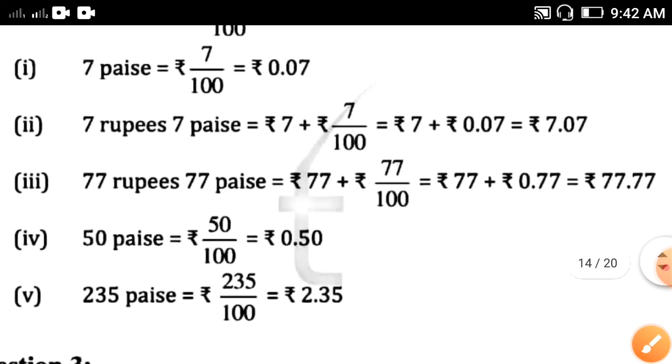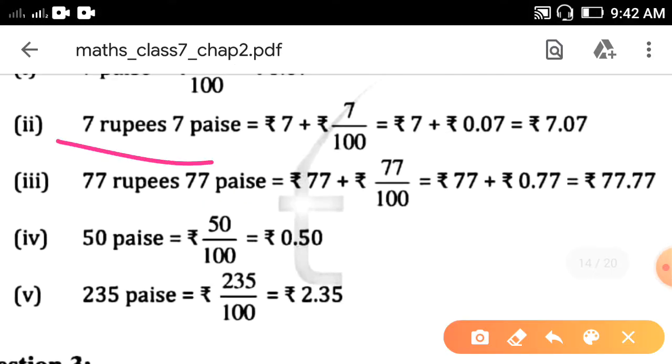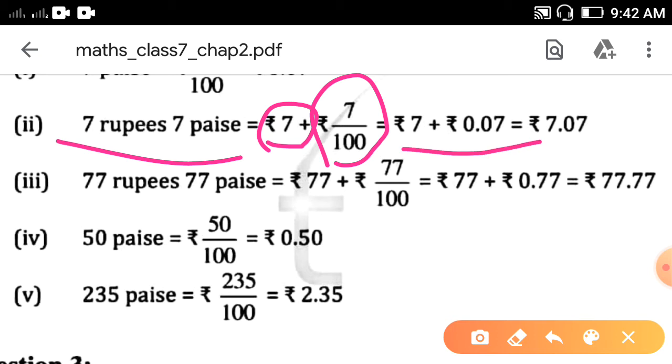You can see. Next, 7 rupees 7 paisa. 7 rupees as it is, this 7 paisa you have to convert into rupees. It means divide it by 100. So 7 plus 7 divided by 100, 0.07. Okay, this 7 as it is, this 7 by 100, 0.07. 7 plus 0.07.